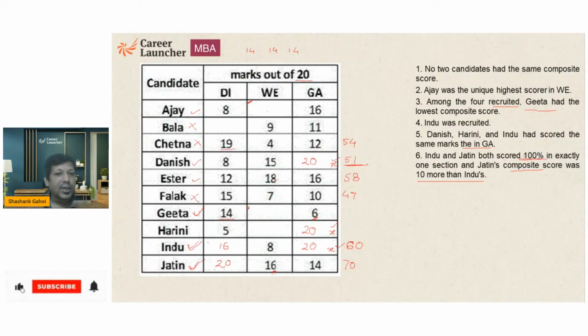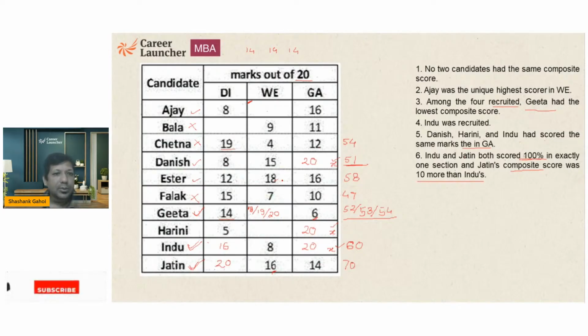So 51 से ज्यादा बनाने के लिए या तो ये 18 होना चाहिए, या ये 19 होना चाहिए, या ये 20 होना चाहिए. तब इसका स्कोर या तो 52 होगा, या 53 होगा, या 54 होगा. ठीक है.